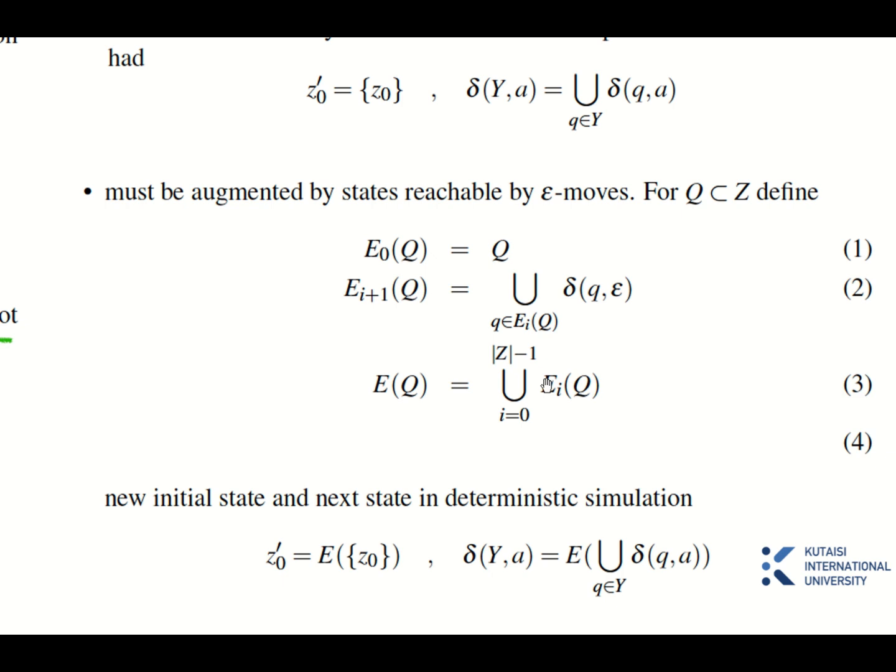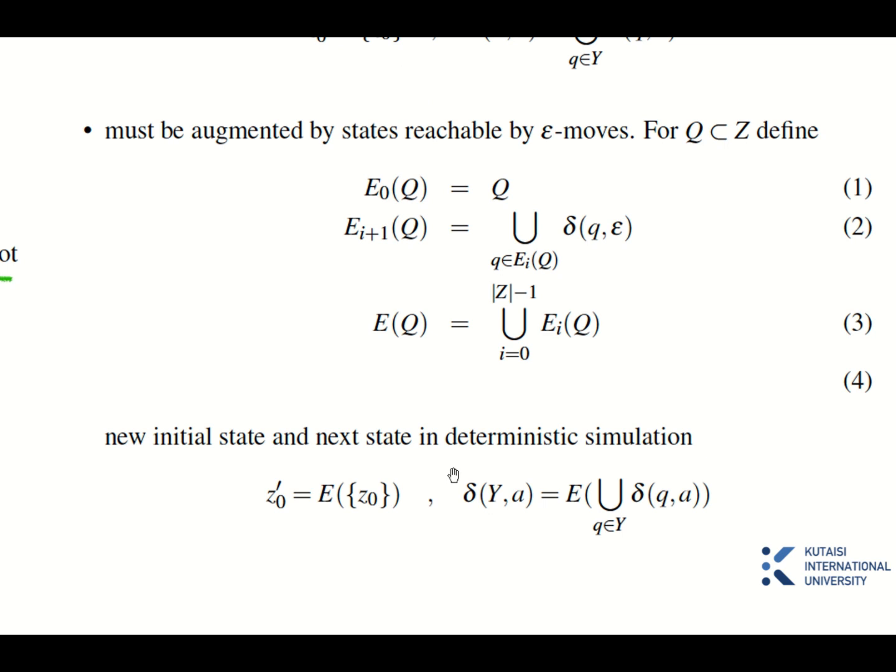All of the states will be in there. Your argument is basically correct: you run out of states. By E of Q, I call that union after I make the number of states minus 1 steps. This will be all states that are reachable from Q with as many epsilon moves as you want. So E of Q is basically all states reachable by epsilon moves.